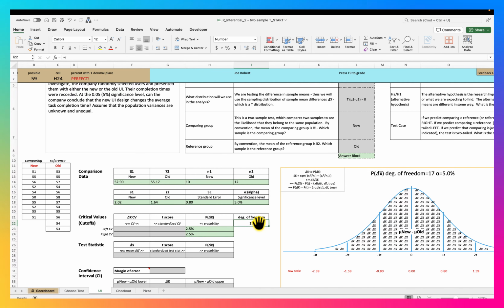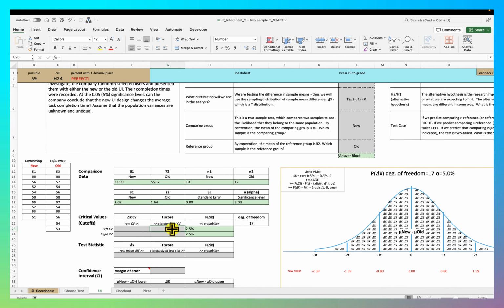So that ends up being 17, and you'll notice that if we added these two together, 10 and 12, that would be 22. So it's definitely not 22 minus 1, and it's not even 22 minus 2, right? It's just not that simple. You've actually got to go through this formula to get degrees of freedom. Okay, but we're not going to make you do that. I just gave you the formula.